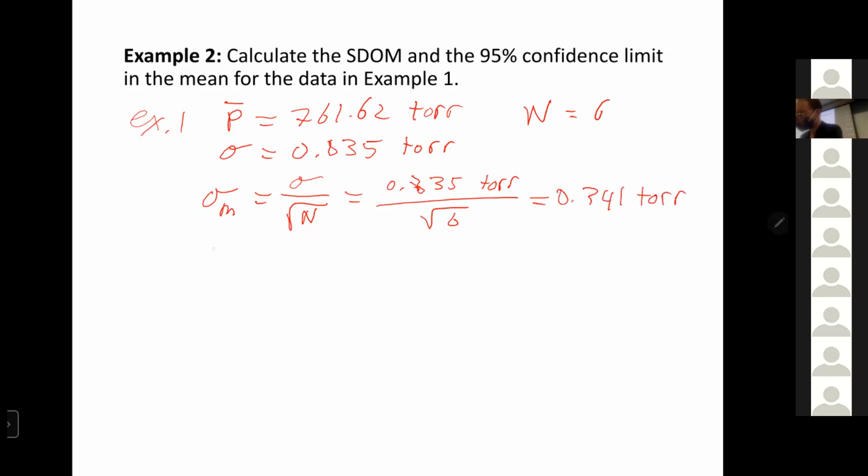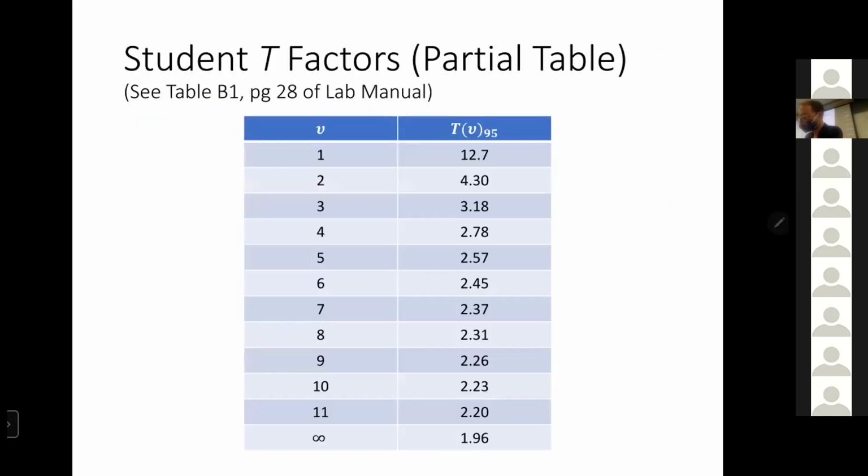And the 95% confidence interval then, delta 95, is just going to be, well, we need to take the student t factor, and the number of degrees of freedom is 5. So I'm going to set nu equal to 5 here, and then times sigma. I can either multiply by sigma m, or I can multiply by sigma divided by square root of n. And what's this T95 value going to be? Well, we have to look that up in the table. So nu equals 5, and the student t factor that we're going to use is 2.57.